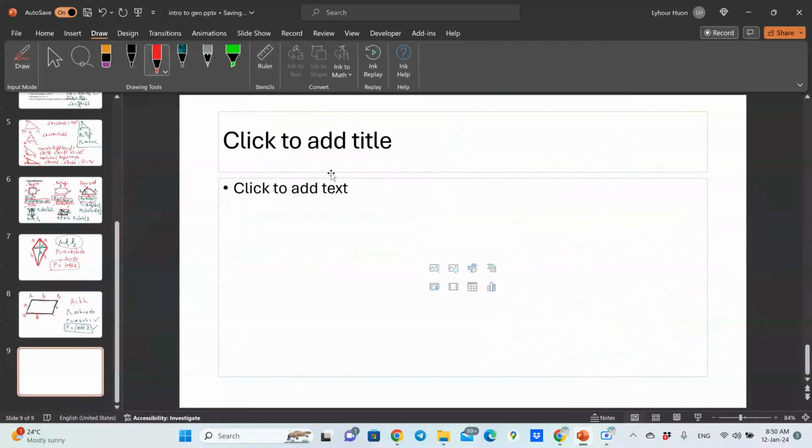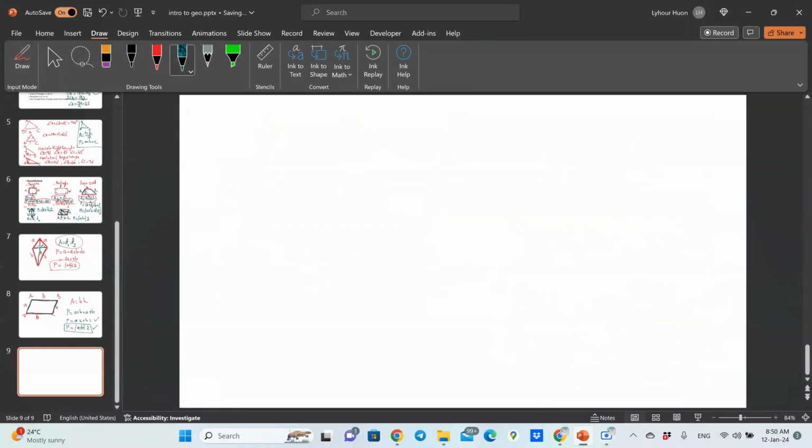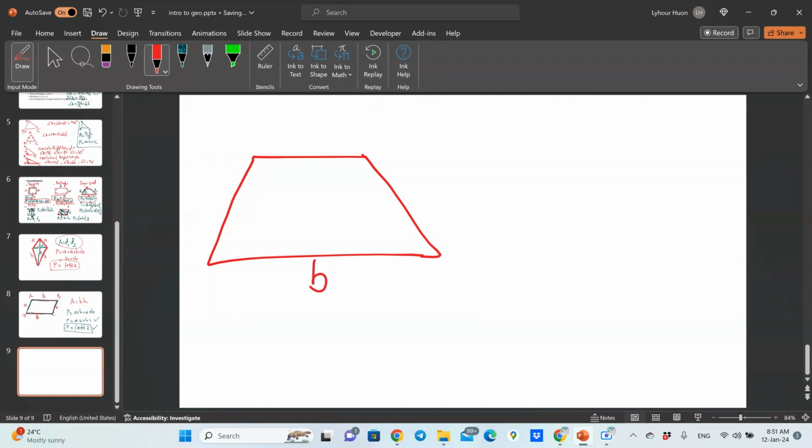I think we should draw the trapezoid individually here. Easier. Okay, so a trapezoid has one pair of opposite sides that are parallel. The other we don't care about. So this is a trapezoid. This is the bigger base, right?